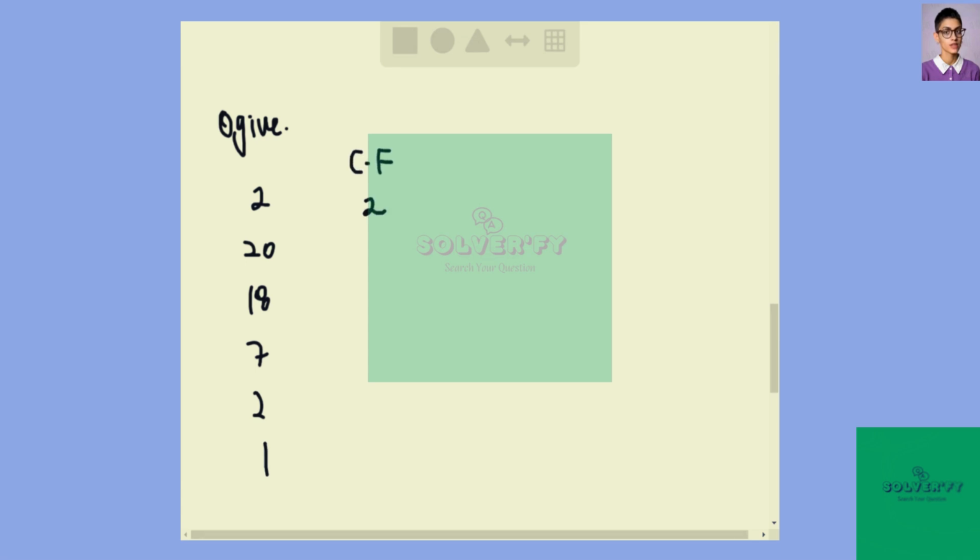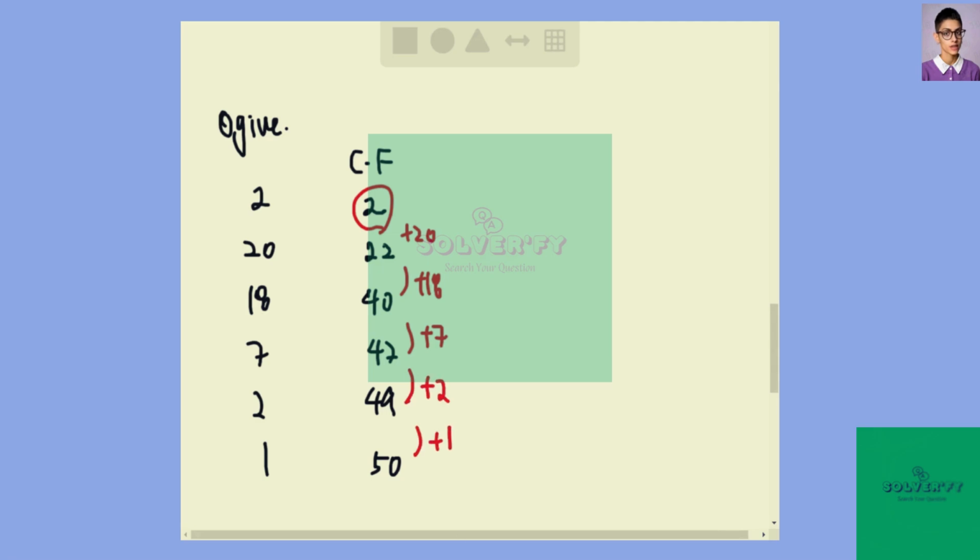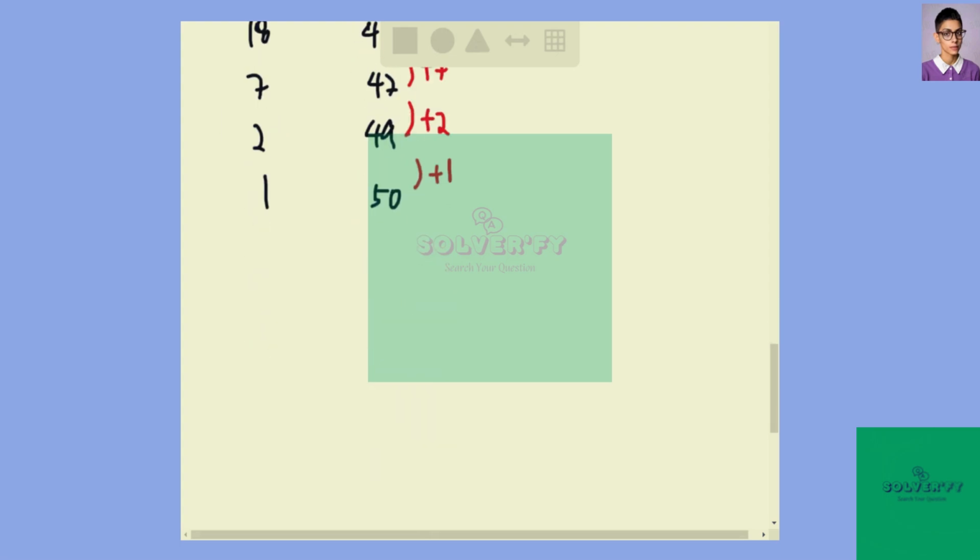So that's 2, always the same as the first frequency. And then keep stacking up: 22, 40, 47, 49, and 50. So this stays, and plus 20, plus 18, plus 7, plus 2, and last one plus 1. Keep stacking up. Now we have a cumulative frequency, so let's do the ogive.